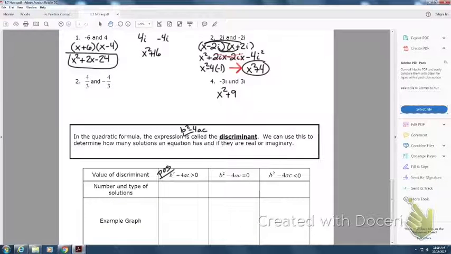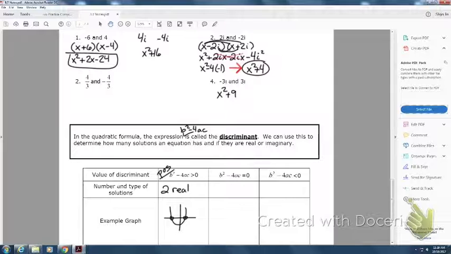How many answers did we get on each one of those? 2. Were they real or imaginary? Did they have i on them? No, so they're real. An example of what that is going to look like is a parabola that crosses the x-axis twice. There's your 2 real solutions. They exist. They actually do cross the x-axis.